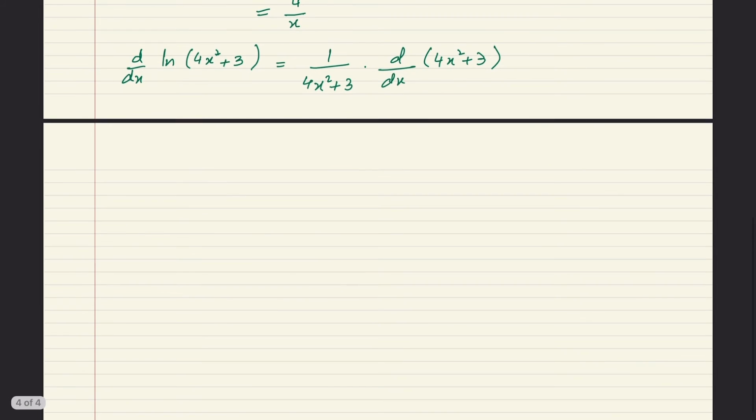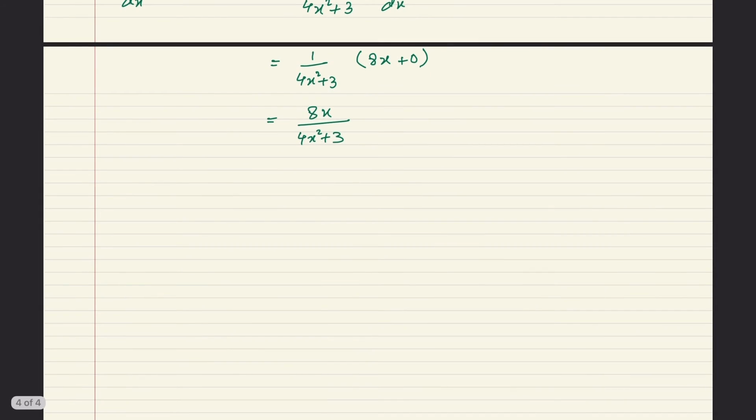This is equal to 1 over 4x square plus 3, and then the derivative of 4x square will be 8x, and the derivative of 3 is 0, because we know that the derivative of a constant is 0. So the answer is 8x over 4x square plus 3. This is the derivative of log.